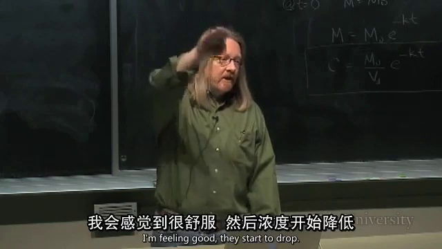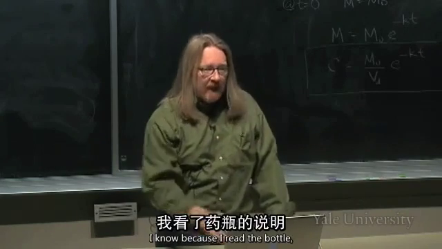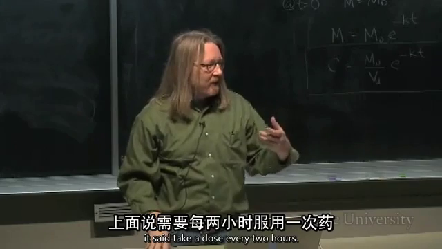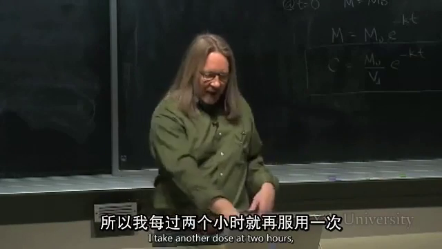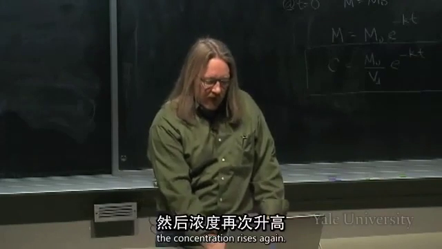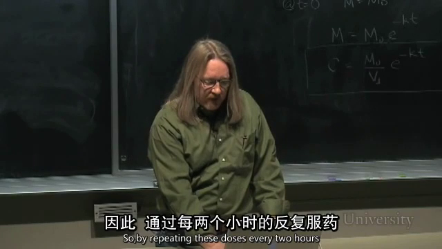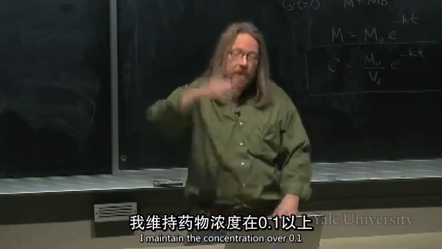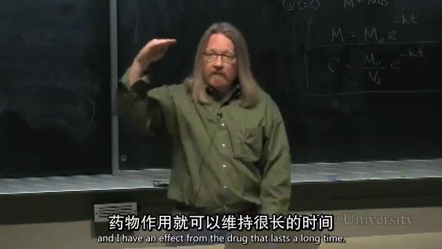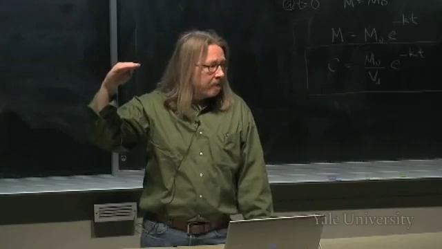Concentrations peak, I'm feeling good, they start to drop. I know because I read the bottle, it said take a dose every 2 hours. I take another dose at 2 hours, the concentration rises again, and so by repeating these doses every 2 hours, I maintain the concentration over 0.1 and I have an effect from the drug that lasts a long time.